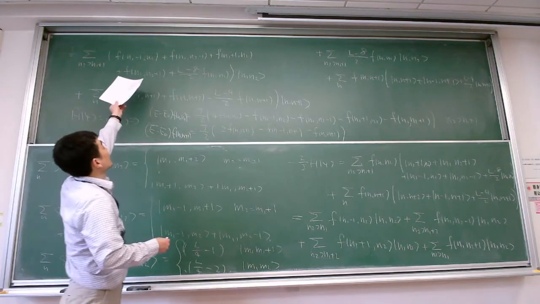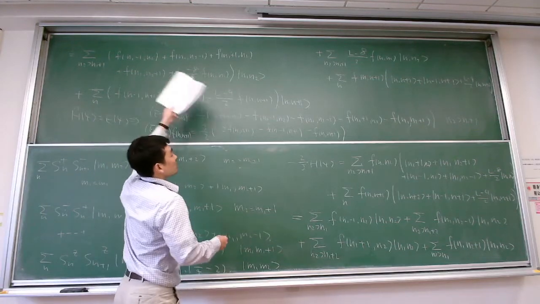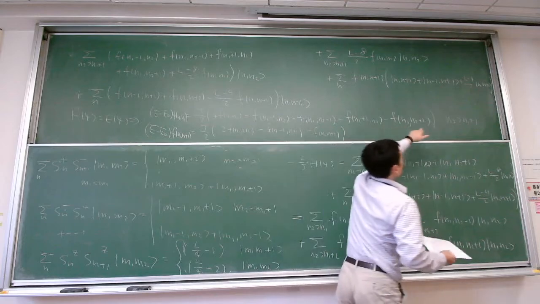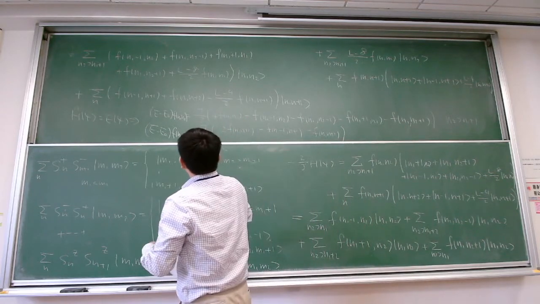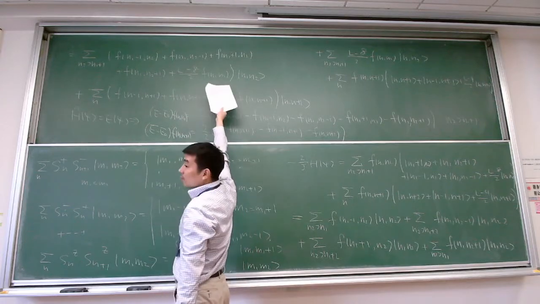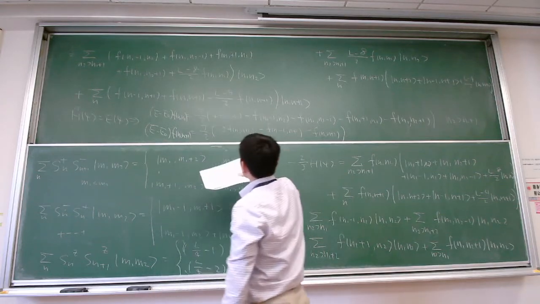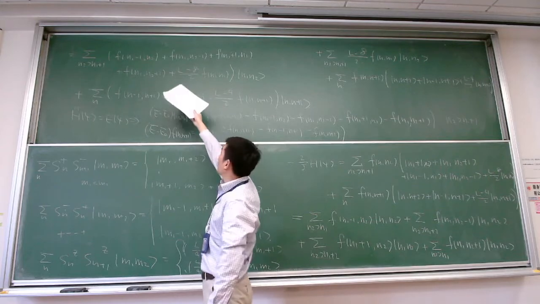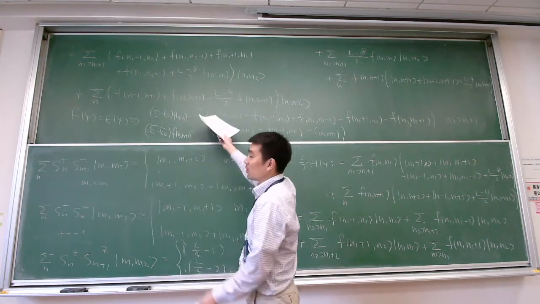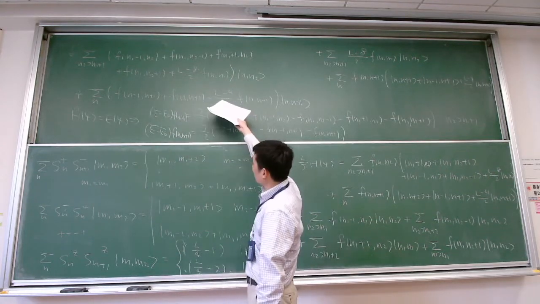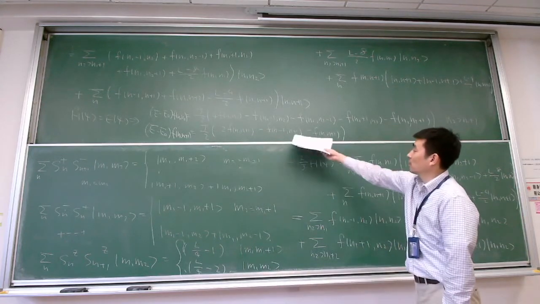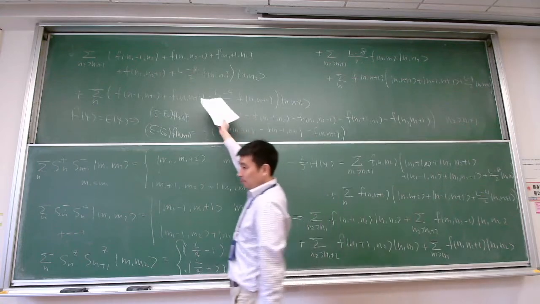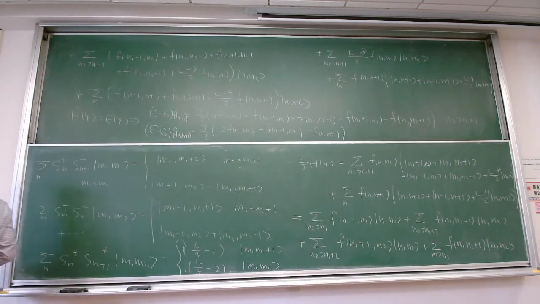So these first 4 factors will give you these 4 factors, and then since we have some term proportional to f n1 and 2, the minus 4 will give you 4, and here minus 2 will give you 2 here, and so on. And this last term will come from these 2 guys.